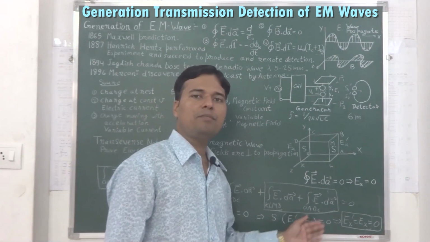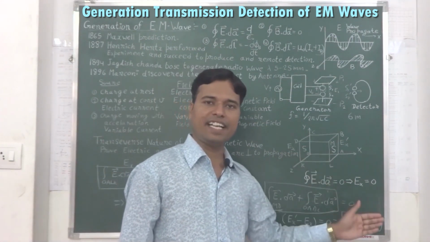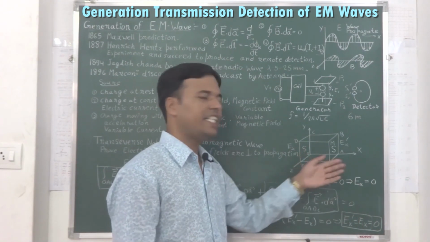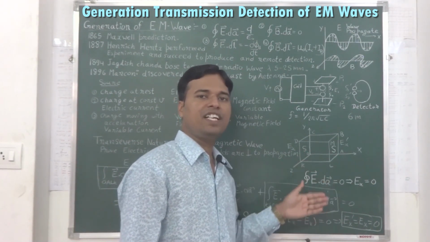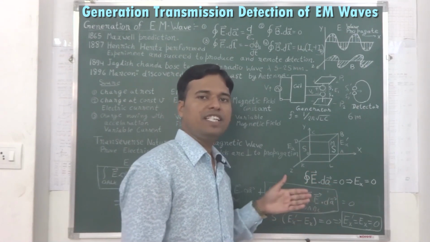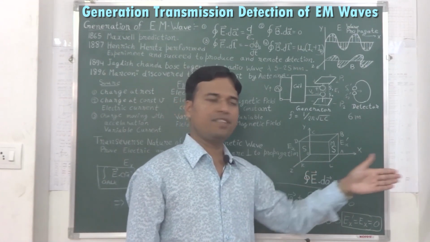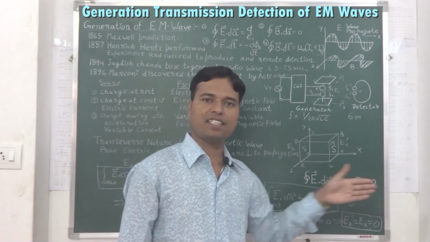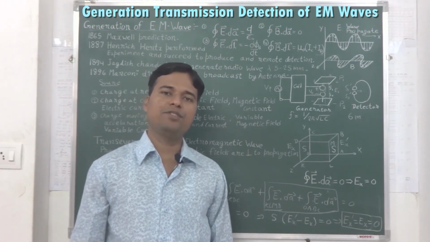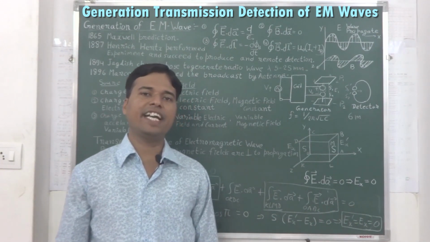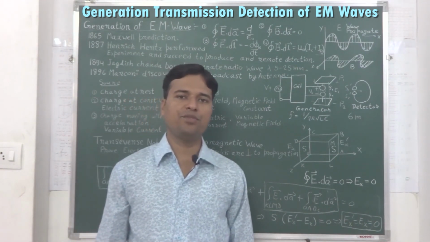There is no component of electric field in x direction, so it is perpendicular to the x-axis. Or you can say the electric field is perpendicular to the direction of wave propagation, the wave propagating in x direction. I expect that you have got some new knowledge and it will be very beneficial for you.